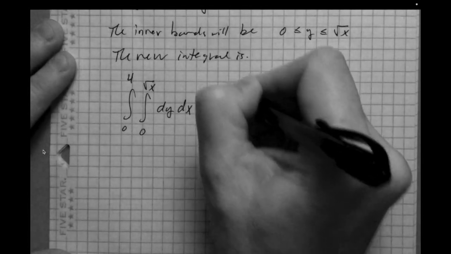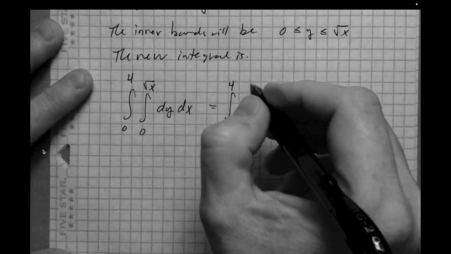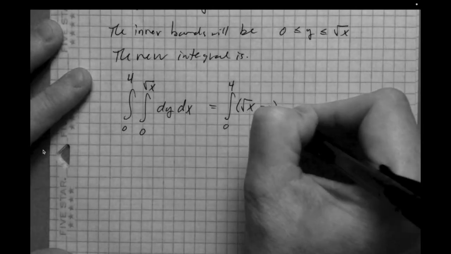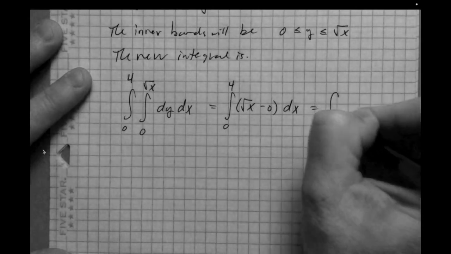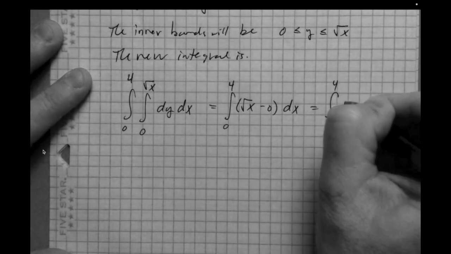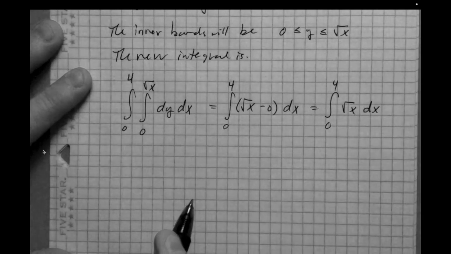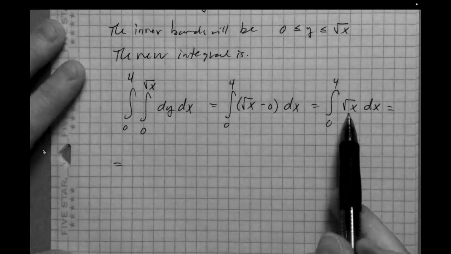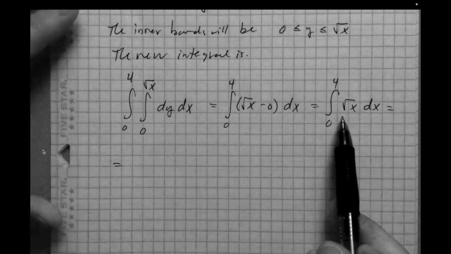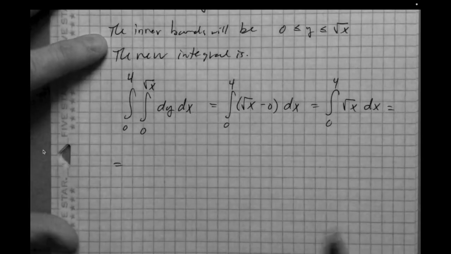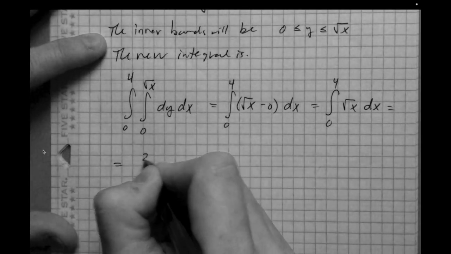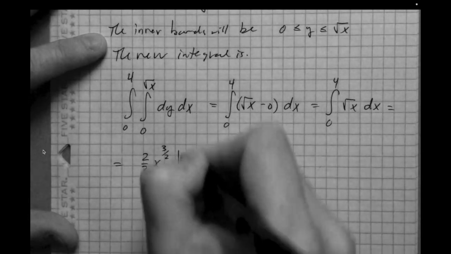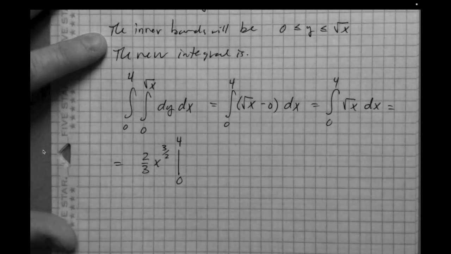So this would be the integral from 0 up to 4 of, and then inside here you would get the square root of x minus 0 dx. So I'm just going to write that as the integral from 0 to 4 of square root of x dx. Okay, and so this is like x to the 1/2 power, and so we integrate that, we get 2/3 x to the 3/2 power, and that's going to go from 0 up to 4.